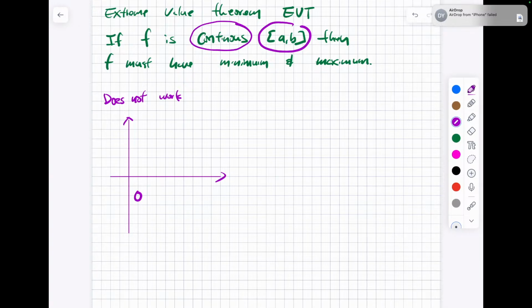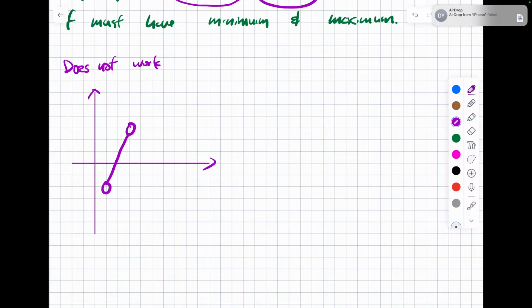What if you have an open circle and an open circle here and a straight line through there? We know that this one doesn't have a minimum value. The reason is we don't know if it's negative 1.9 or negative 1.99 or negative 1.999, because it's not really defined.